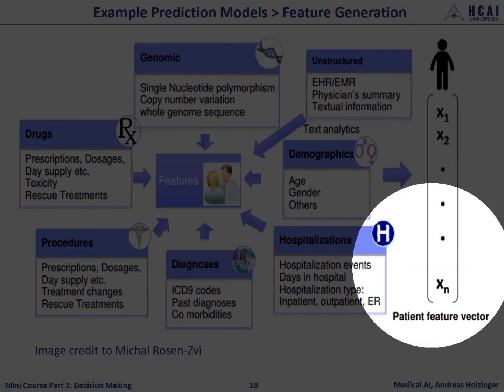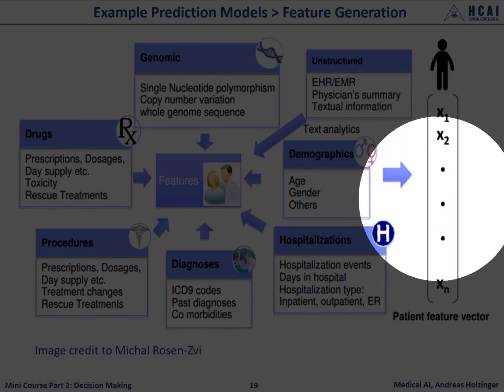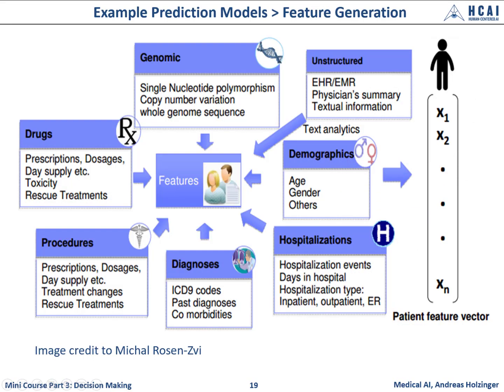This can be a very large patient feature vector. And this can then be organized and processed by a computer, because always remember that the computer can only deal with numbers.